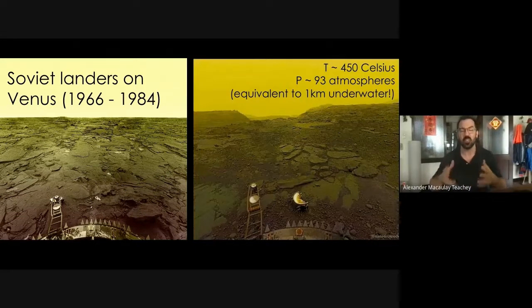They land on the surface of Venus, so inhospitable, 450 degrees Celsius, and atmospheric pressure of 93 times the atmospheric pressure here on the Earth. That's equivalent to being 1 kilometer underwater in Earth's oceans. Absolutely crazy, the environment on Venus.